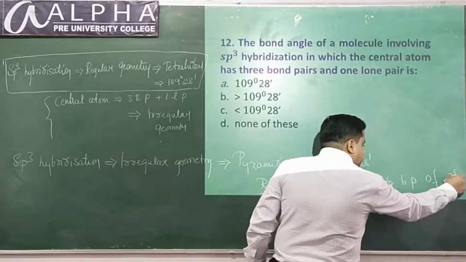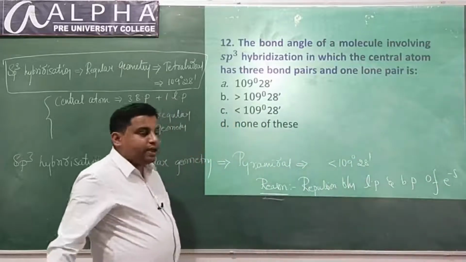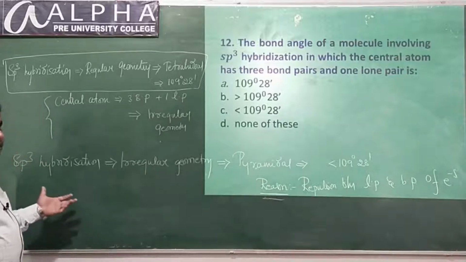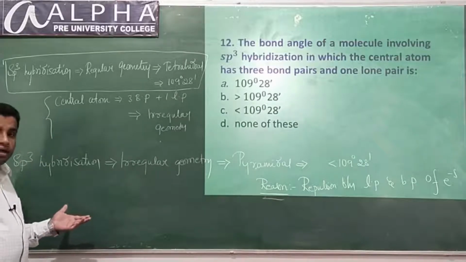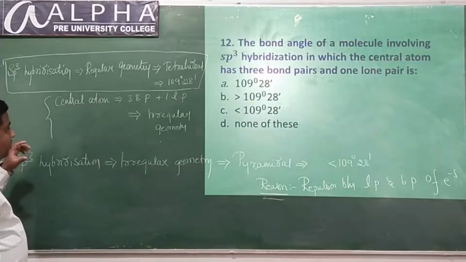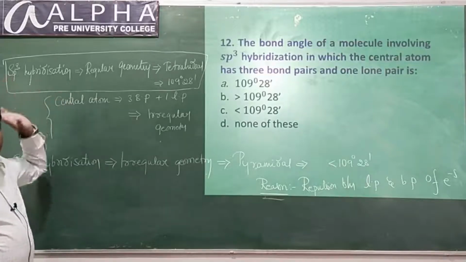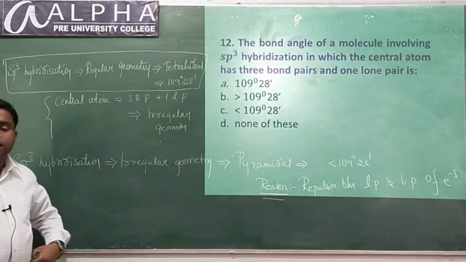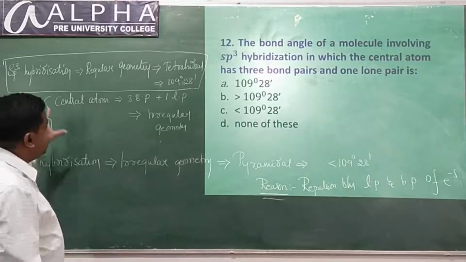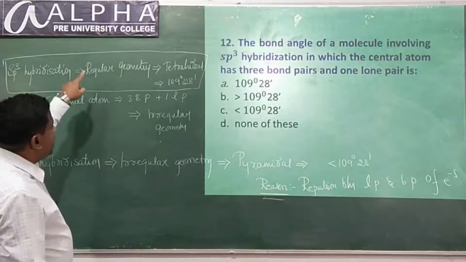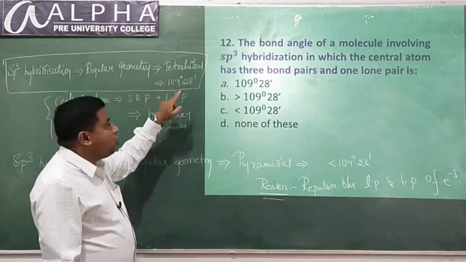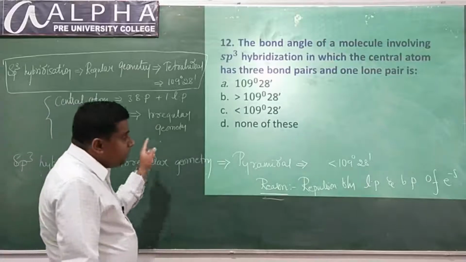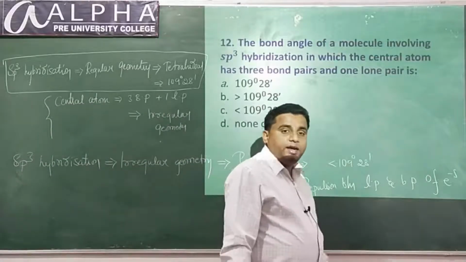I'll give you an example for regular geometry sp3 hybridization, and for irregular geometry sp3 hybridization. Simple: sp3 regular, tetrahedral, 109 degree 28 minutes. sp3 irregular, pyramidal, less than 109 degree 28 minutes.